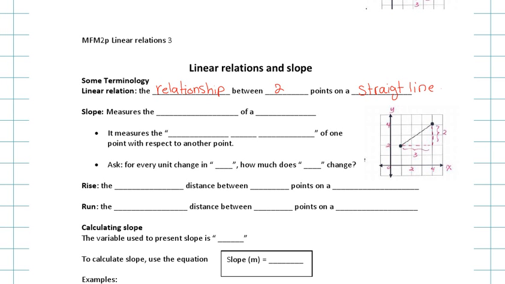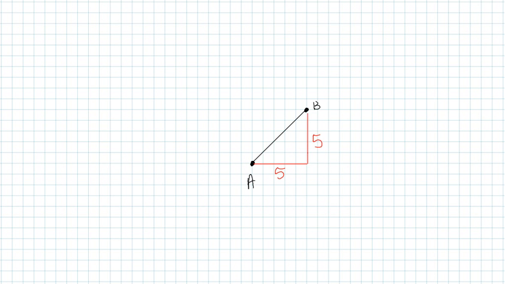Did we just see 2 points on a straight line, A and B? Yep. If I go back here, 2 points on a straight line, and I'm trying to figure out the relationship between them.